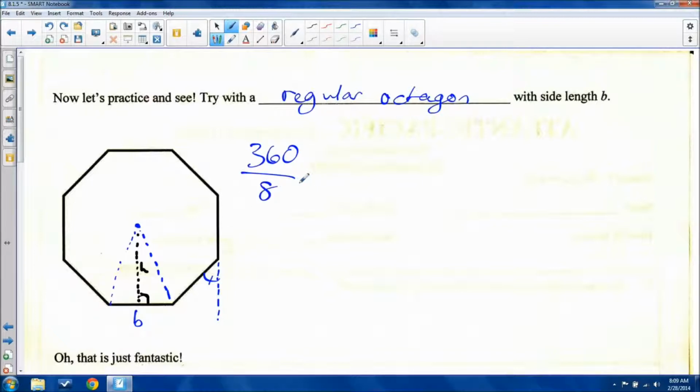So if I do 360 over the number of sides, and I get 45, then I get the measure of my exterior angle, which, remember, is the same as the measure on the inside. So this is 45. If this is 45, then half of it, right here, is 22.5. Okay, half of 45. 22.5 degrees.